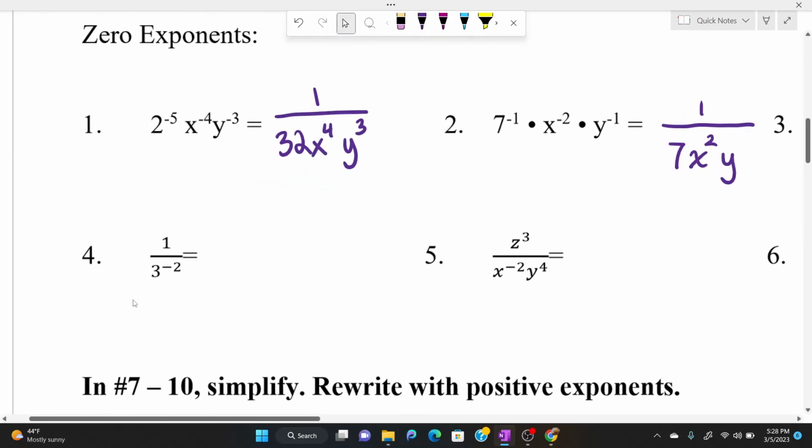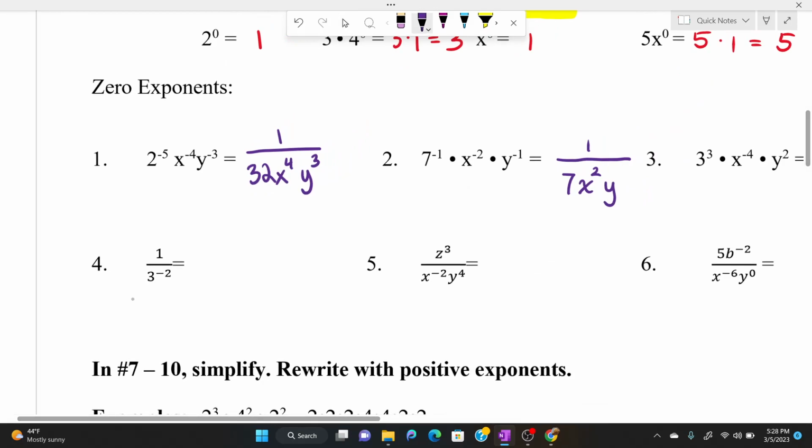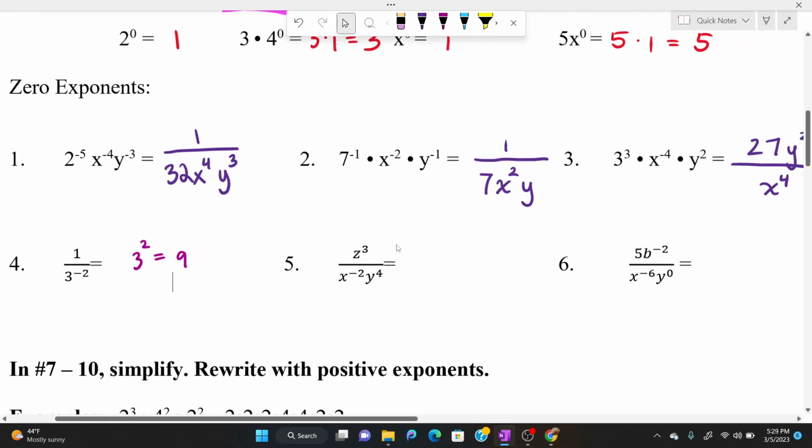Here I have sort of some things now in the denominator already with negative exponents. So that'll come up to the numerator. So this is just going to be 3 squared, which is 9. So if I have variables with positive exponents that are in the numerator, I can kind of leave those there.